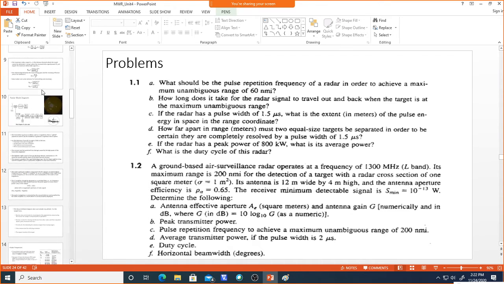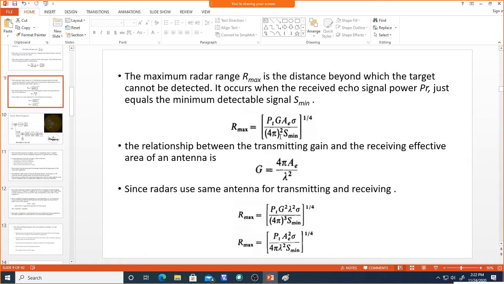So by using that also we can find out the transmitter power. We know the maximum unambiguous range, the minimum detectable signal which is given, the gain of the antenna, lambda, and sigma. So now we can find out the transmitter power, is it not?